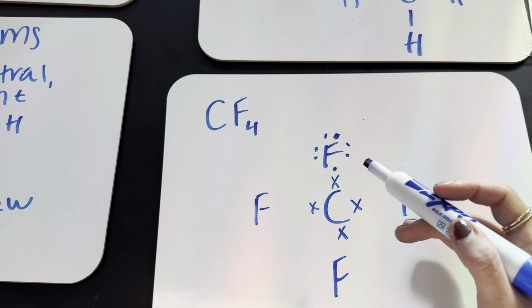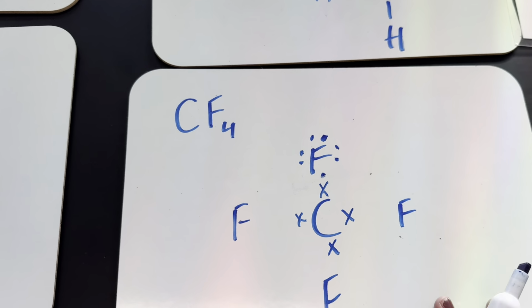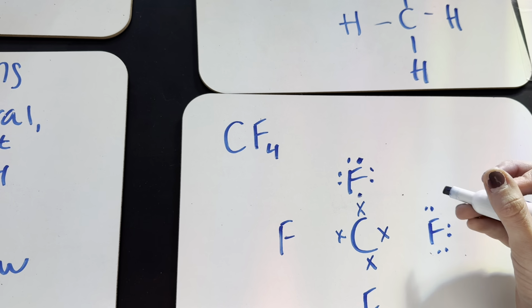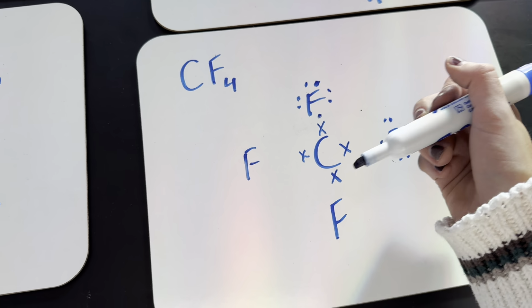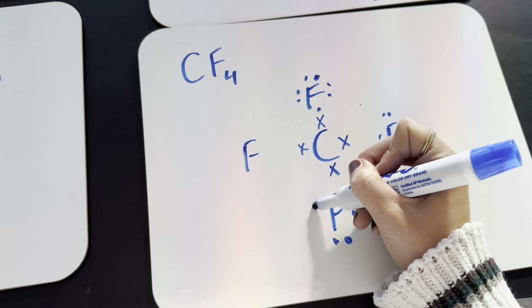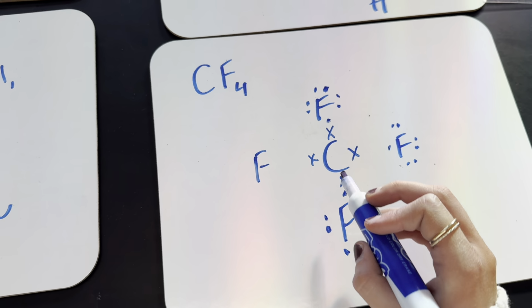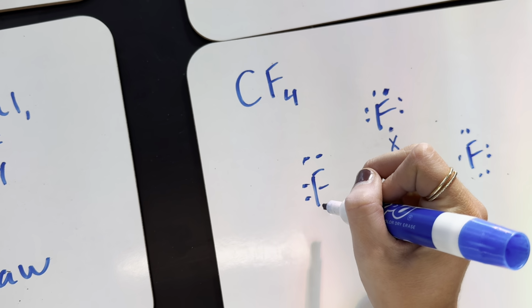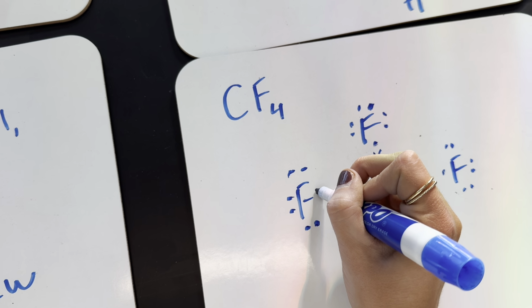And like I said before, the unpaired one I'm going to put towards the atom that I'm trying to bond it to. Same thing here, unpaired electron this direction. Same thing here, unpaired electron that direction. And then almost done. Lots of dots.